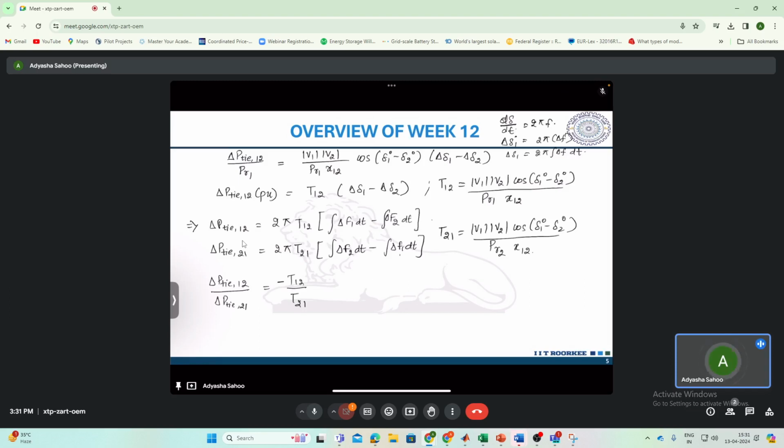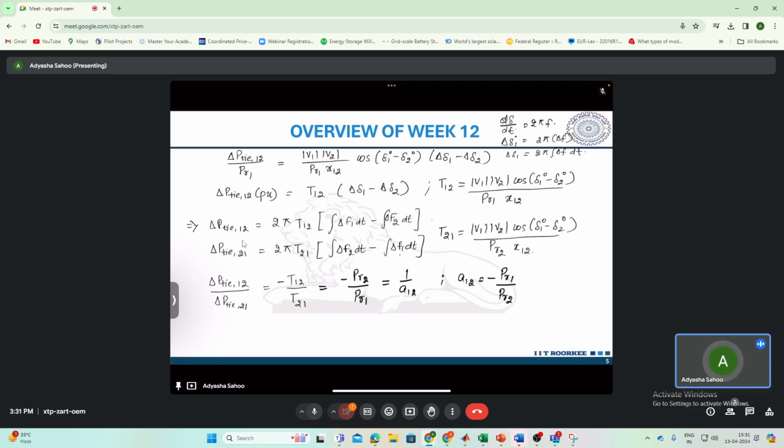So if I divide these two, I will get minus Pr2 by Pr1, which we represent by this ratio A12, basically 1 by A12, where A12 is nothing but the ratio of the respective area capacity.